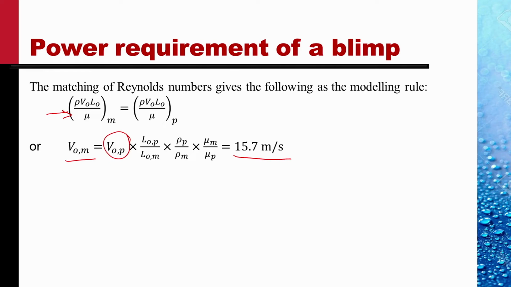LOP by LOM is 20. We are using a 1/20th model. We use the density of the prototype, that is density of air, divided by the density of water, viscosity of water, and viscosity of air.